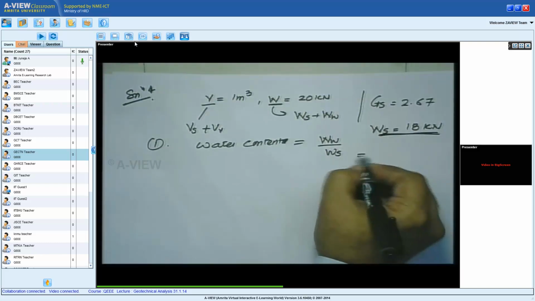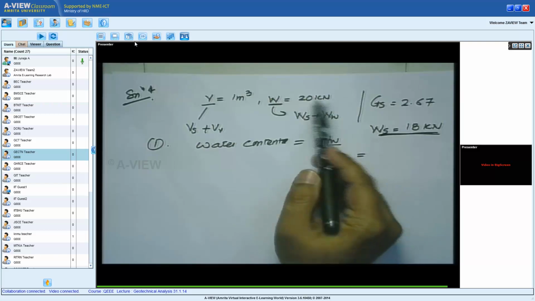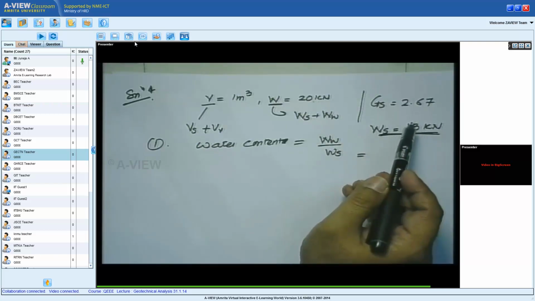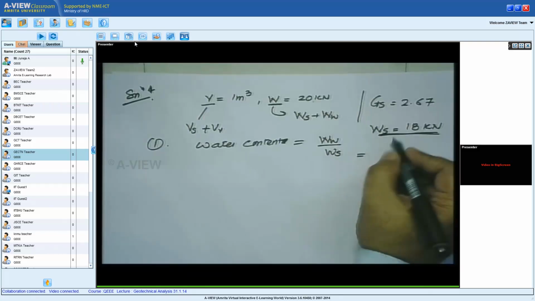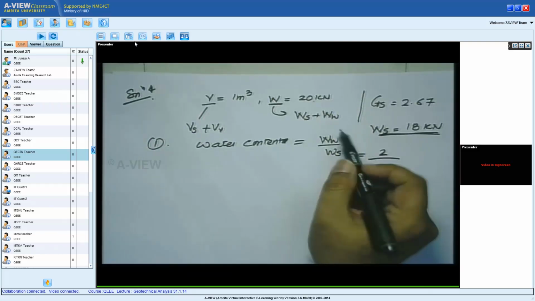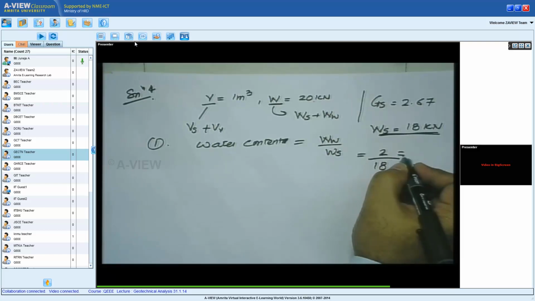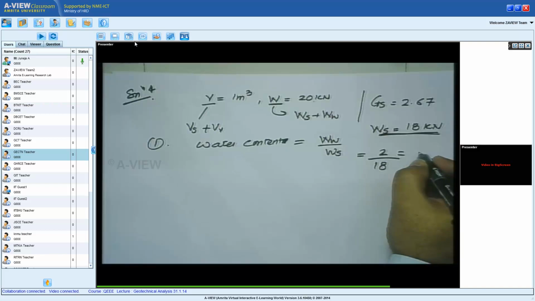So I have weight of water, which is 20 total weight minus the weight of solids. The difference gives me the weight of water, which is 2, over the weight of solids, which is 18. If you solve by 18, you get a number like 0.111, or in percent it's 11.1%.